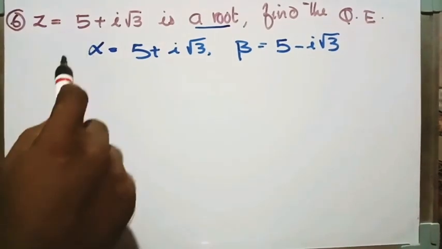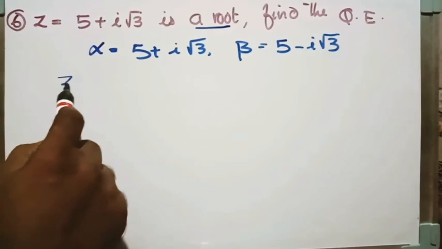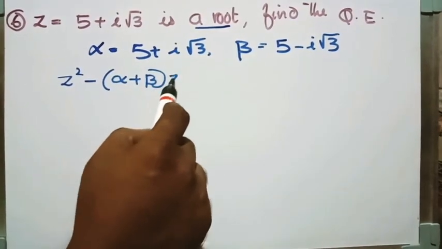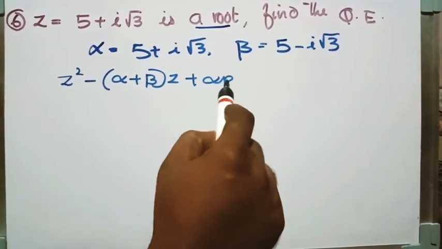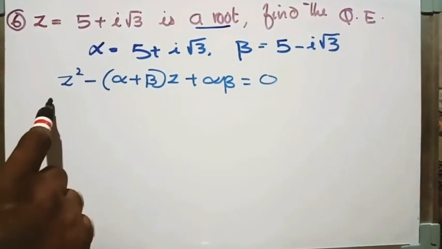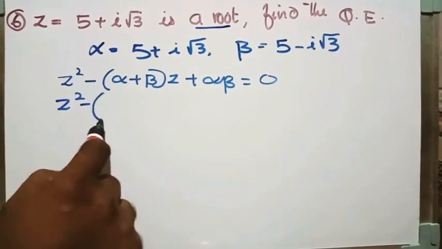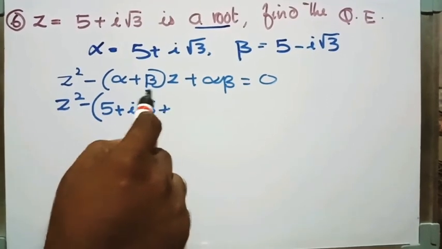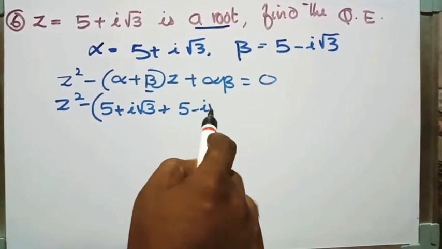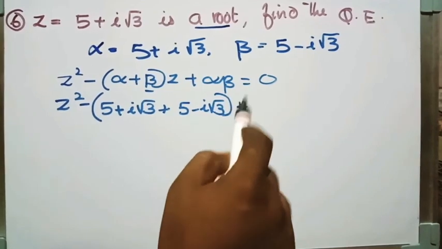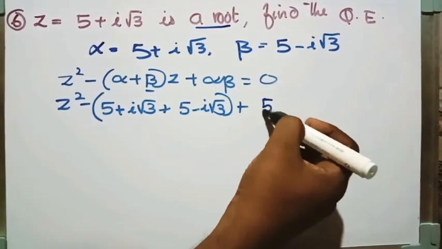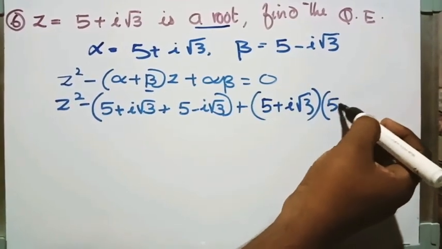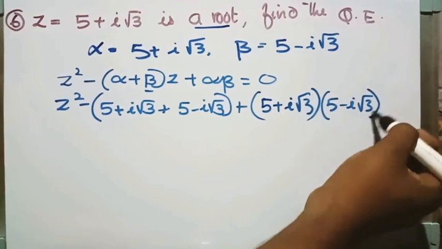Okay, so our quadratic equation is z squared minus alpha plus beta z plus alpha beta is equal to 0. So when you replace, we get z squared minus, 5 plus i root 3 plus beta, which is 5 minus i root 3, plus alpha into beta, that is 5 plus i root 3 into 5 minus i root 3, is equal to 0.